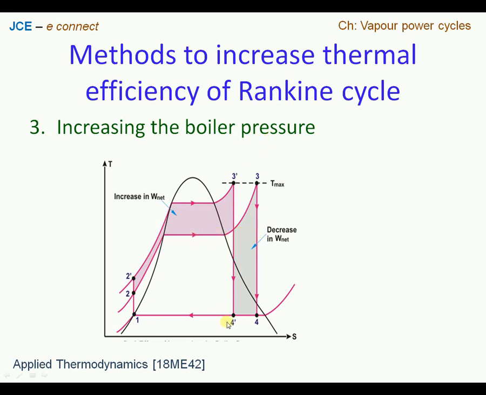However, to overcome this bottleneck, people have proposed one more method called the reheat method. In that case, there will not be full expansion in the turbine. Rather, the steam is partially expanded in one turbine.